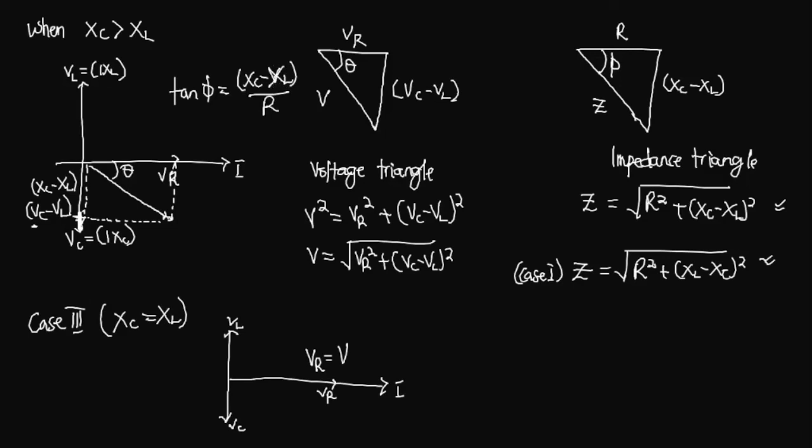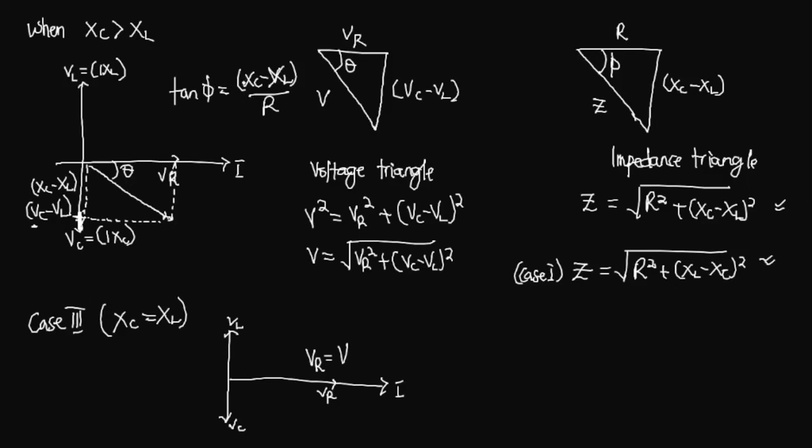Now you realize that because for finding the phasor angle this is not squared, it is very important to know the order in which we have XC or XL. Whether XC is greater or XL is greater is very, very important, because that might give you a positive or negative answer, and that might affect your phase angle. So it's very important to know whether your capacitive reactance or your inductive reactance is bigger than the other.